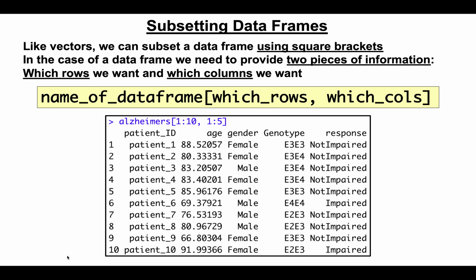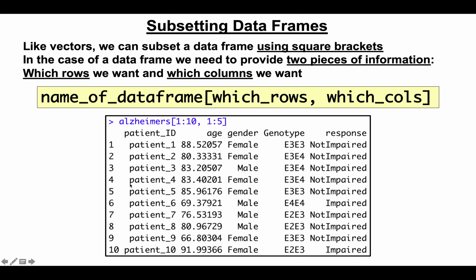All right, so like vectors, we can subset a data frame using square brackets. And so as you can imagine, you've got to give it two pieces of information now. So with a vector, you just need to know which elements you want. With a data frame, we need to tell it which rows and which columns because we've got a two-dimensional data structure here. So I think that makes sense.